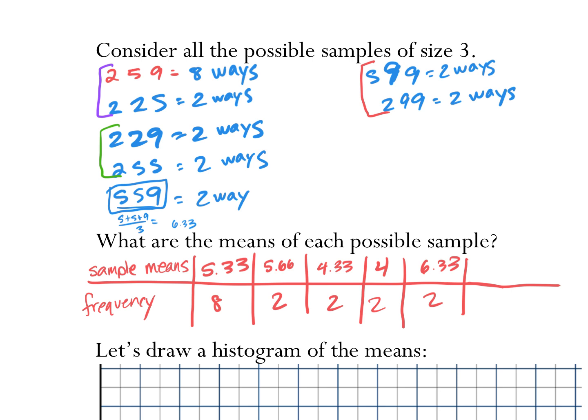So that should be 3. I thought that felt kind of high. All right. And then what were the two means that you guys found? 7.66. All right.